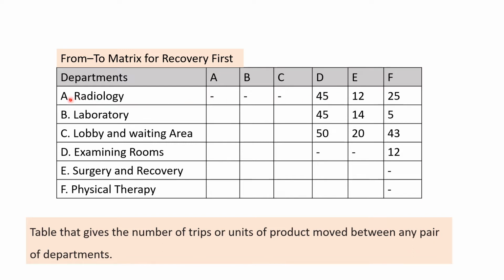And from radiology to surgery and recovery, that is E, there are 12 trips. And from radiology to physical therapy, there are 25 trips. So this tells the frequency of movement from department to department.